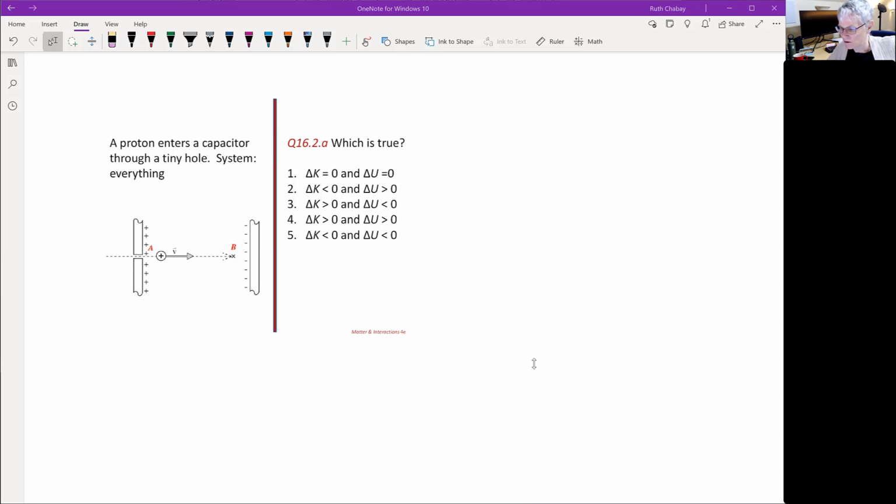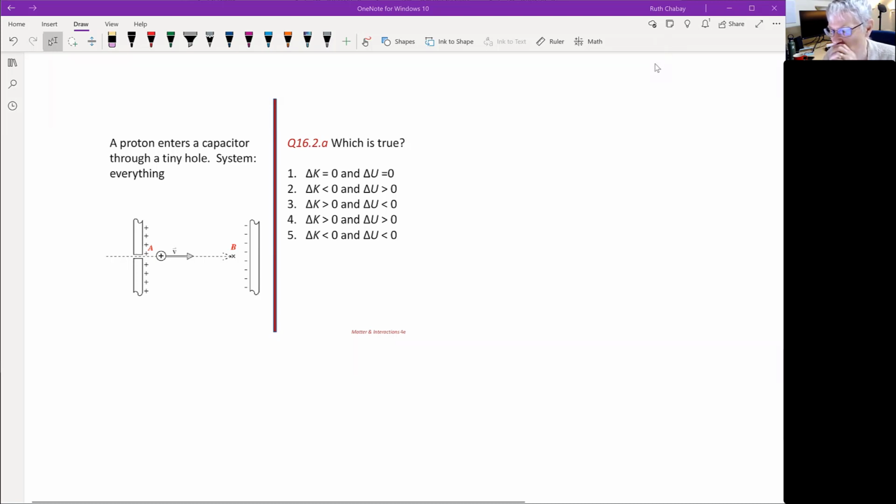So here's what you said. You voted for alternative 3 overwhelmingly, which is that the kinetic energy of the system increases and the potential energy of the system decreases, and that is absolutely correct.